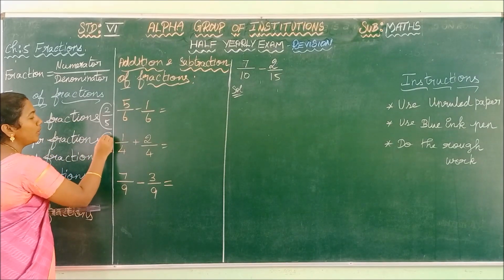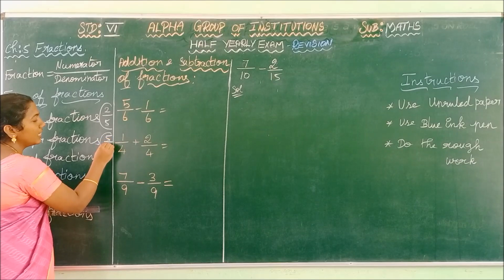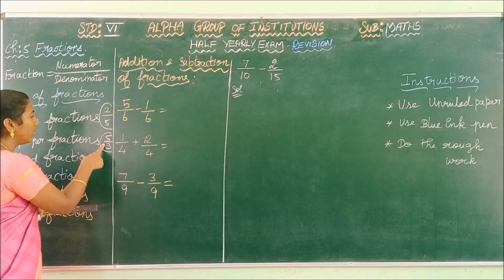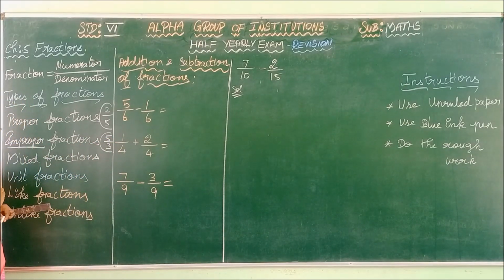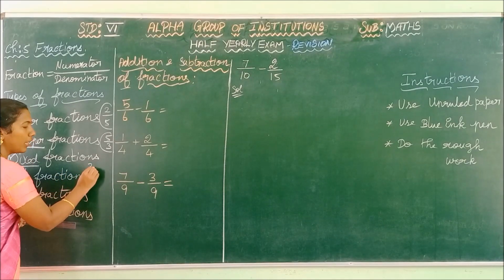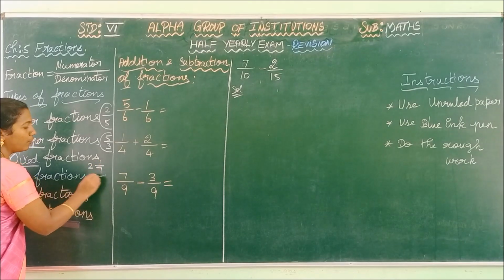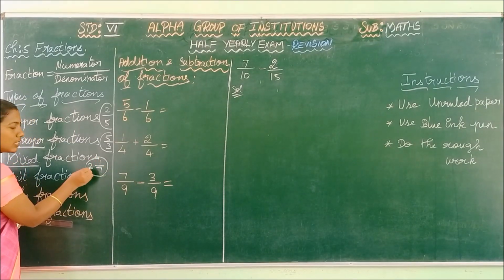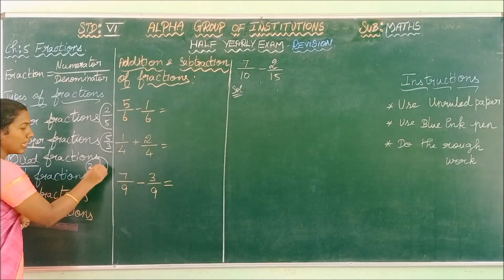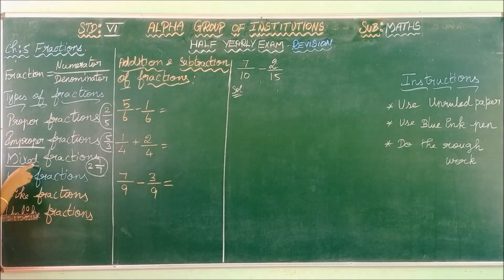Similarly, if the numerator is greater than its denominator, such fractions are said to be improper fractions. What is meant by mixed fraction? A mixed fraction is a combination of a whole number and a proper fraction. Such fractions are said to be mixed fractions.